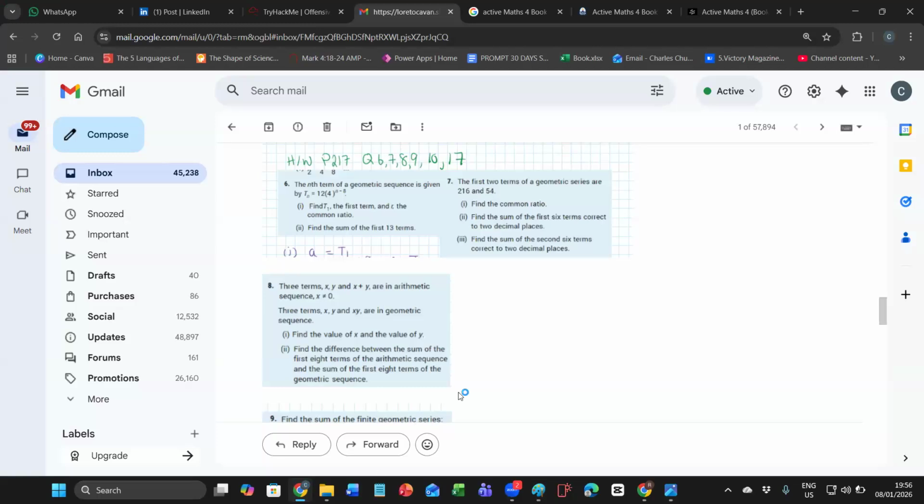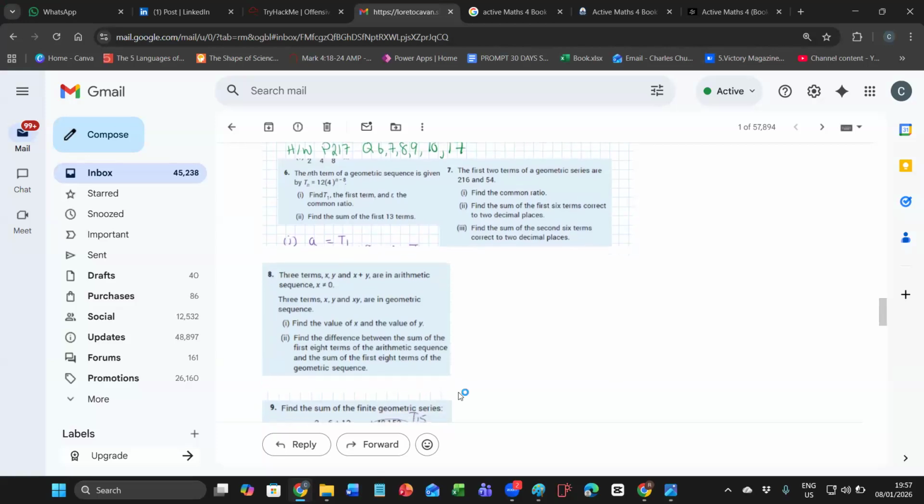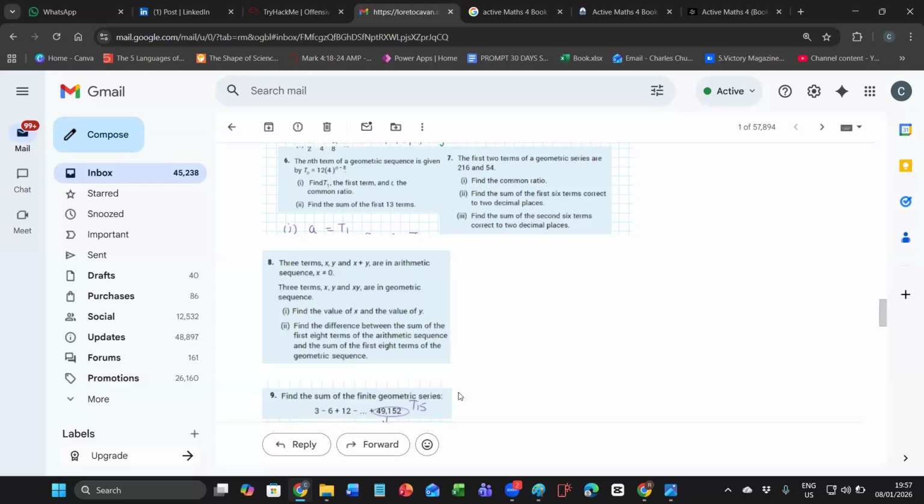The question: find the value of x and the value of y, then find the difference between the sum of the first eight terms of the arithmetic sequence and the sum of the first eight terms of the geometric sequence.